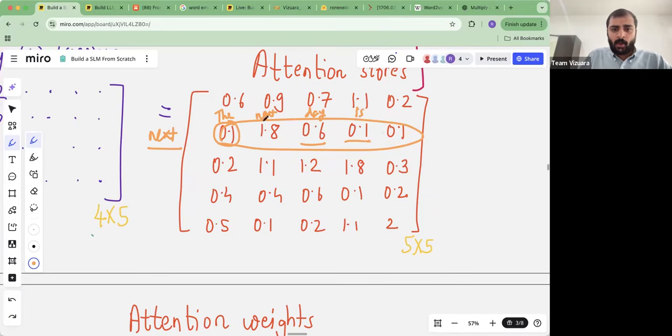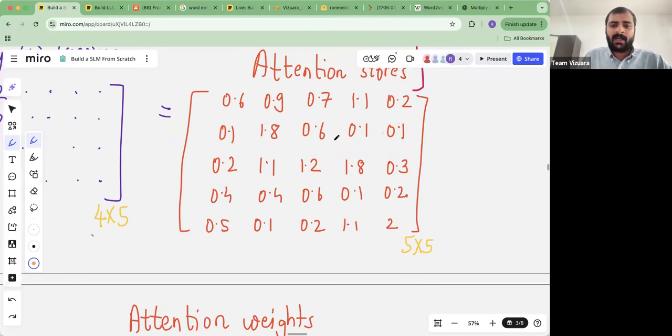Similarly, every single row of this attention scores matrix can be interpreted. If you look at any random value, this value conveys the attention score between day and is, because the sentence is "the next day is bright", and on the row also, the next day is bright.